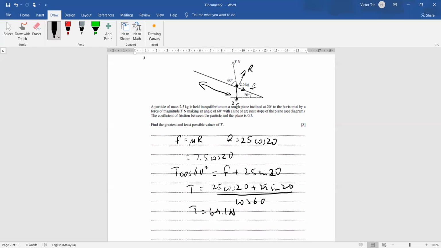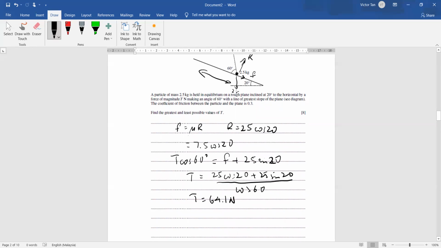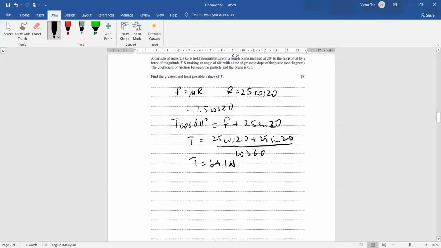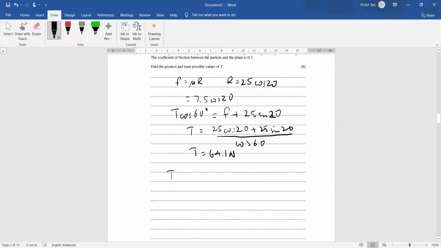Okay. So friction can also be in the other direction. If it's in the other direction, then T cos 60 plus F equals 25 sine 20.